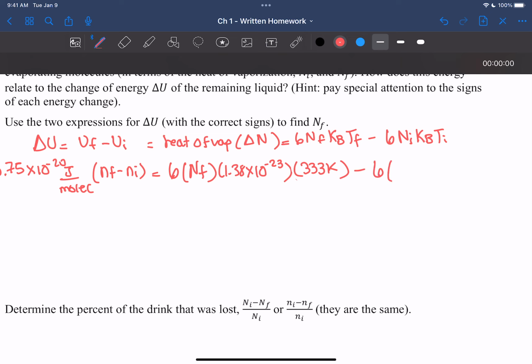So we started off with that 180 milliliters of water, right? And if we convert that to molecules, what should we get? I haven't had a chance to calculate. Anybody have that real quick? 180 milliliters of water, change that to molecules.